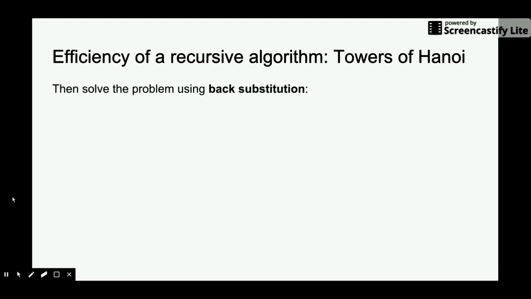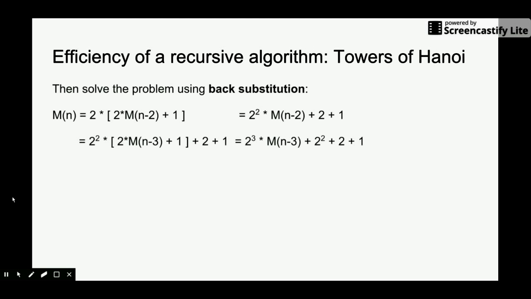We're going to substitute m of n minus 1 back into the equations we find. So we have m of n is equal to 2 times m of n minus 1 plus 1. But now we just insert m of n minus 2 in for m of n minus 1. So we get the following equation. And why don't we repeat it? Why don't we substitute m of n minus 3 for m of n minus 2?